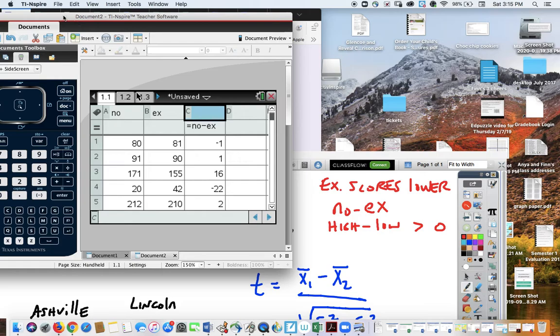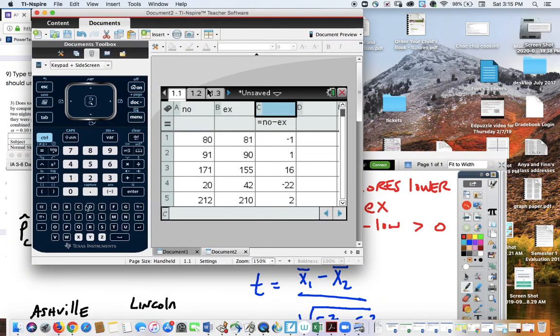Oh, it's not letting me type, so I might have to go this route. Well, I'm having a little bit of technology issues because it won't let me type anything.